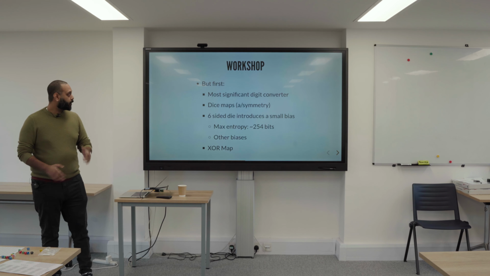Then the next thing we're going to do is use this little guy here, the XOR map, which is the one on the leftmost, which is a lookup table. You take your first roll across the X coordinate, and then your second dice you read down, and you get a letter or a number.